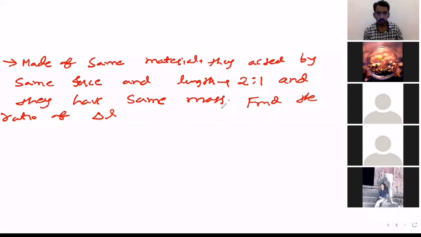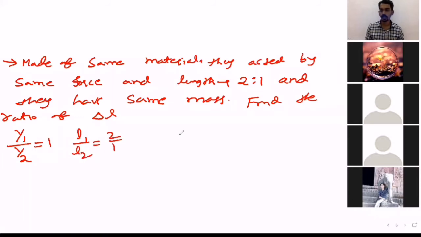See, both are made of the same material, first thing. That means the conclusion I can give is Y1 by Y2 equal to 1. Same material means same Young's modulus. Next, the length ratio L1 by L2, how much? 2 by 1. Length ratio 2:1.